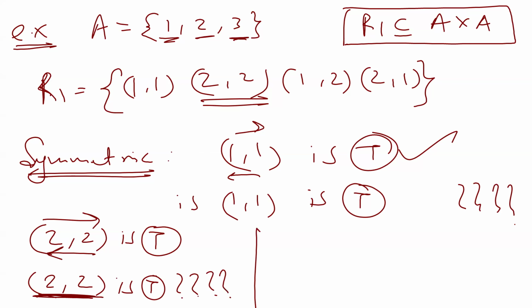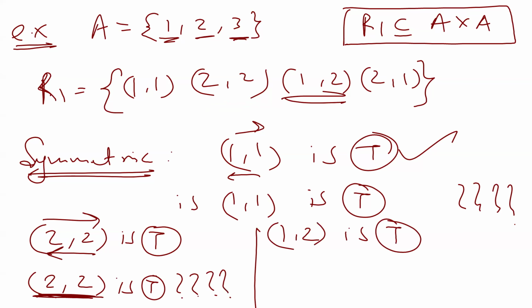Okay. 1 comma 2 is true. Why am I saying 1 comma 2 is true? Because 1 comma 2 is there in the relation. Is the reverse true? Is it true? 2 comma 1.